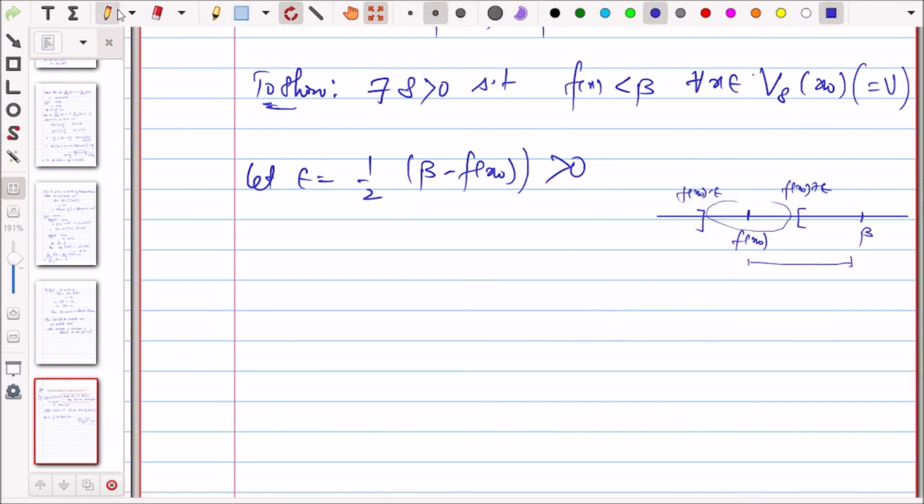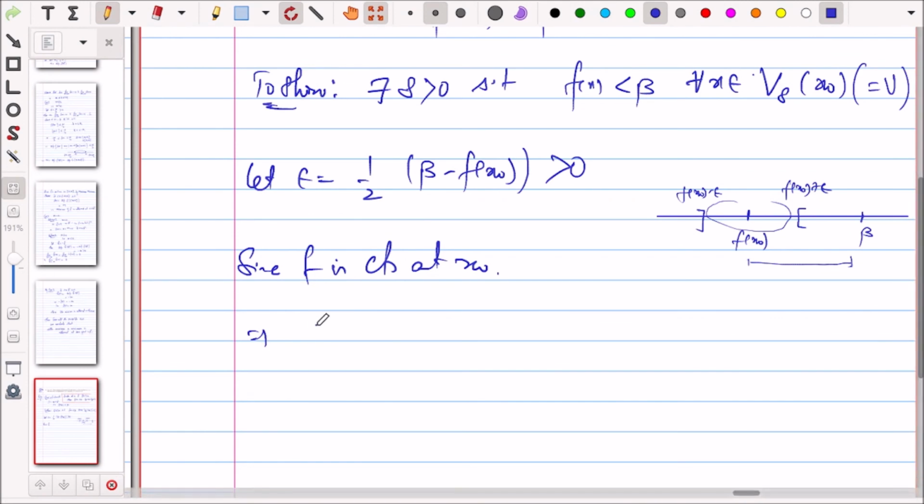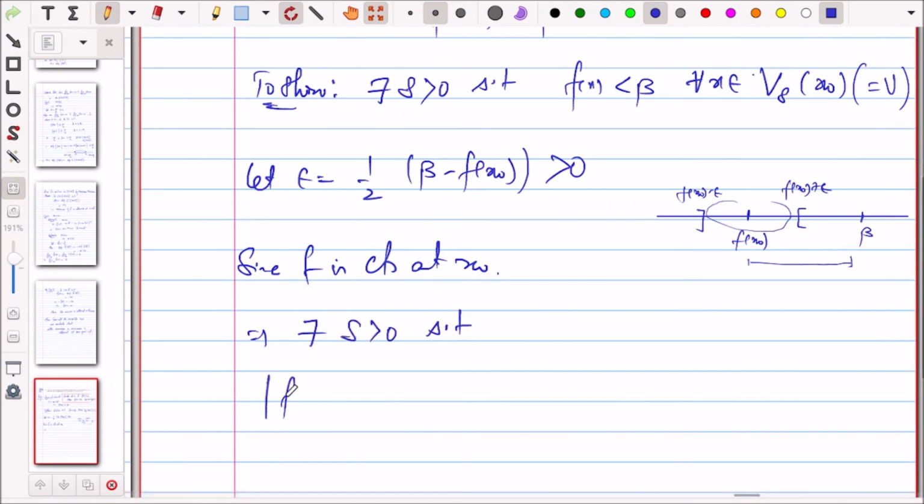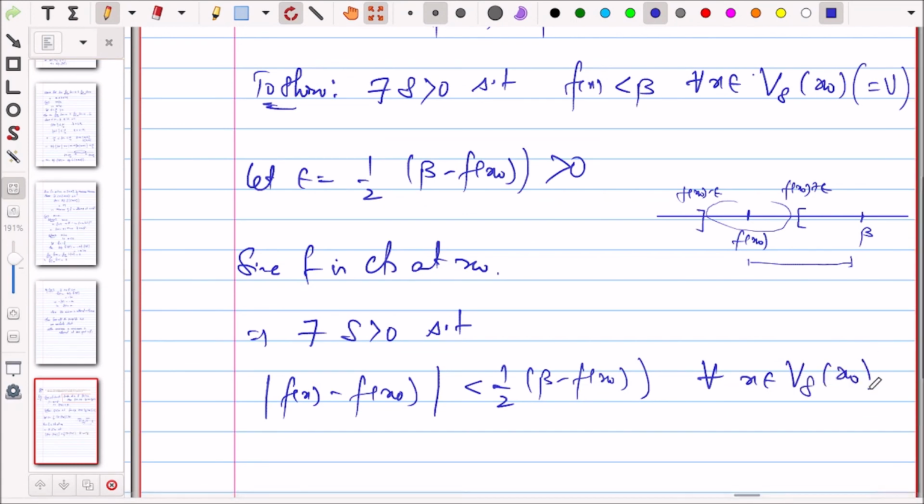since f is continuous at x naught, there exists delta greater than 0 such that the absolute value of f of x minus f of x naught is less than 1 by 2 times beta minus f of x naught for all x belonging to the V delta neighborhood of x naught.